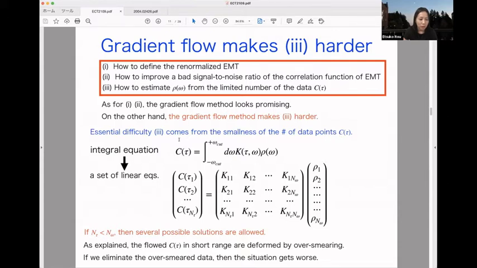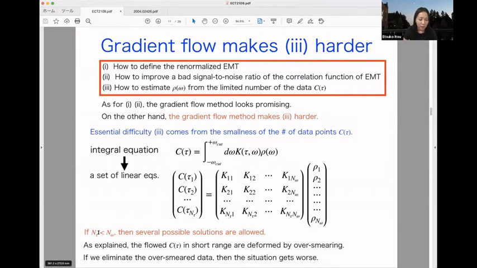Originally we have the integral equation, and we discretize it to a set of linear equations. Now vector C has an N_tau components, and vector rho has an N_omega components.